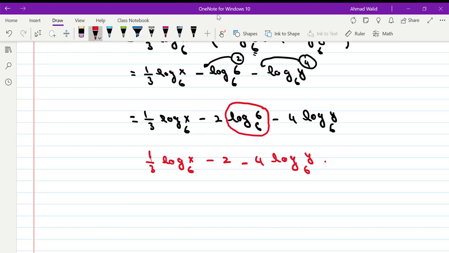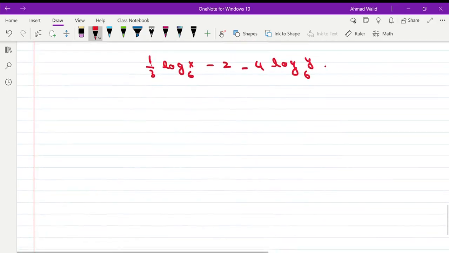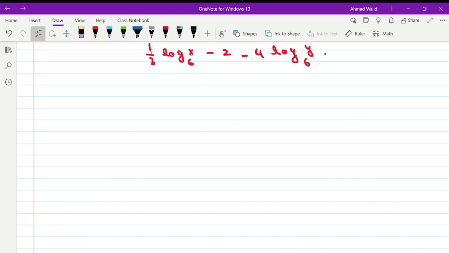Correct? In these examples, we change one single logarithm to expanded form. Now, in the next few examples, I'll change an expanded form to one single logarithm, or condensed form, correct?